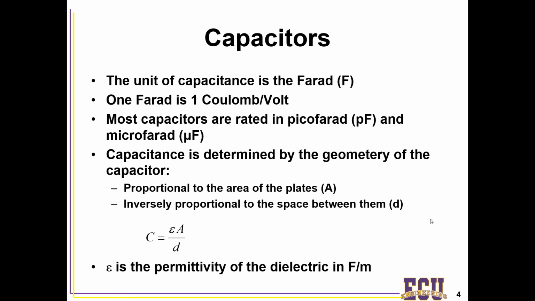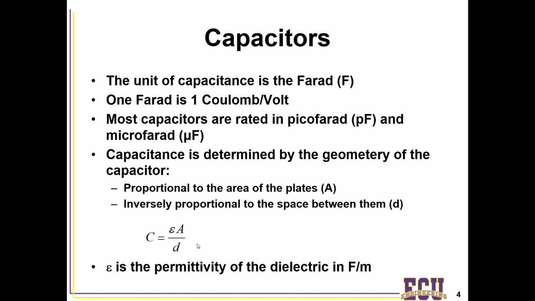If we're trying to calculate capacitance, we see that capacitance is directly proportional to the permittivity of the dielectric material, directly proportional to the area of the plates, and inversely proportional to the distance between those plates. So the further those plates go away from each other, the lower the capacitance.